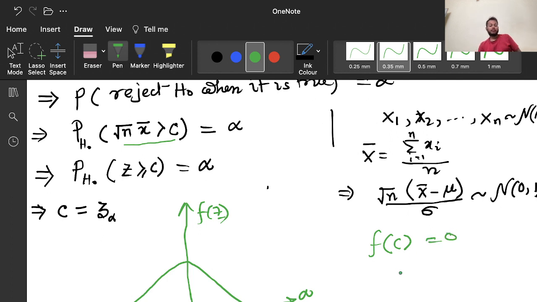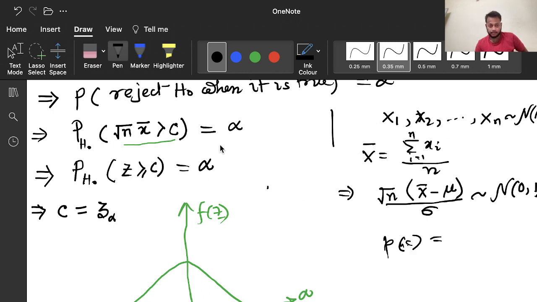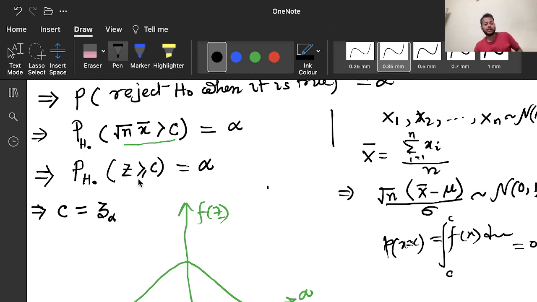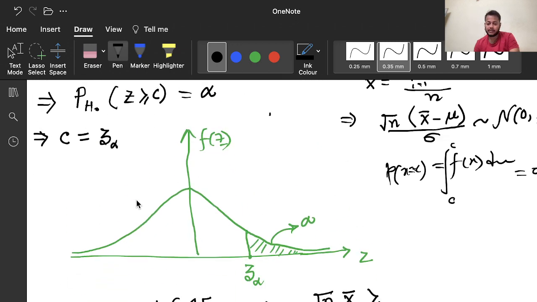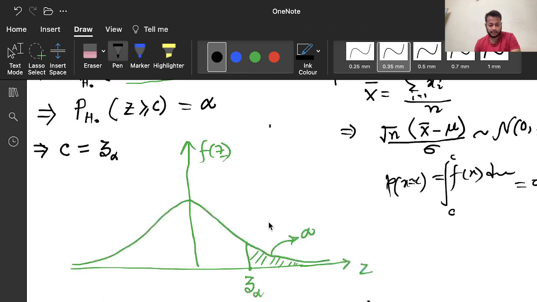Since the probability is the integration of the distribution dx, here you have to integrate from C to C, and that will be 0. So the probability of finding a single point in a continuous distribution is 0. That's why this equality doesn't matter. You can add the equality and that will not change anything.